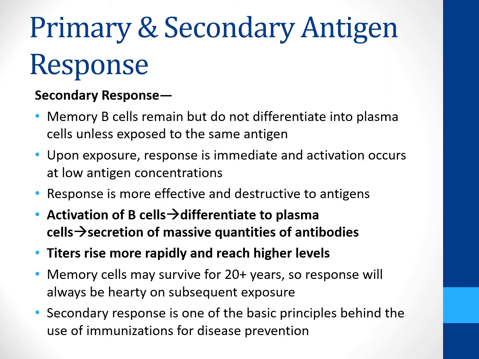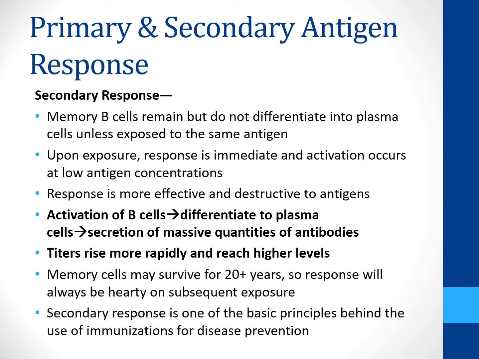That rapid secondary response is the reason why immunizations work, because with the immunization, you have the initial reaction. So you might have a mild case of the sickness that you're being immunized against, or it might just cause your body to create these memory B cells.